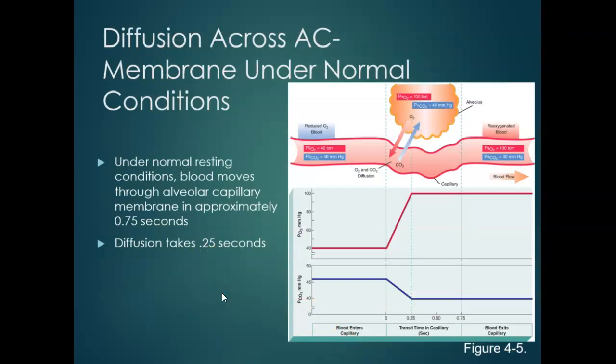So under normal conditions, our perfusion, or how fast that blood goes past the alveoli, is about 0.75 seconds that blood flows through there, right? And diffusion, in normal people, should only take about 0.25 seconds. So there's plenty of time for this diffusion to happen. There's 3 times as much time as needed for the diffusion to happen based on the rate of blood flow.